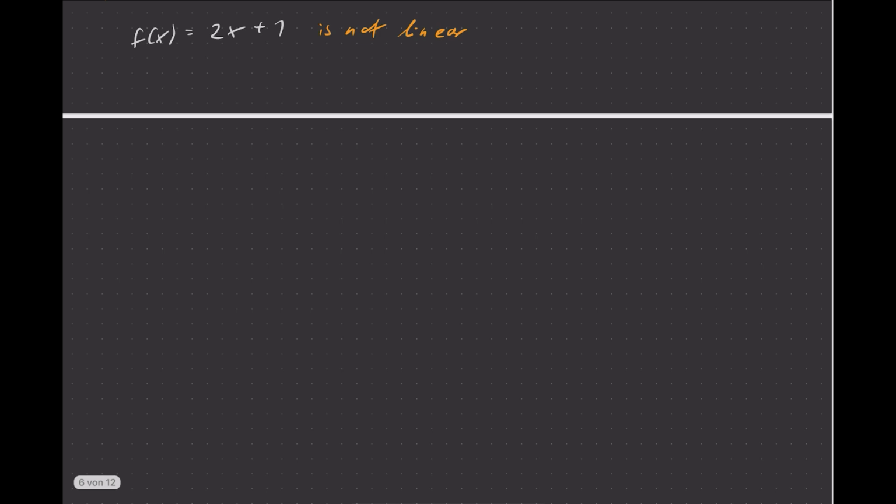Well, there's basically two possibilities to prove that. What you can always do, and what you should always do if in doubt, is provide a counterexample. And of course you can do that here.